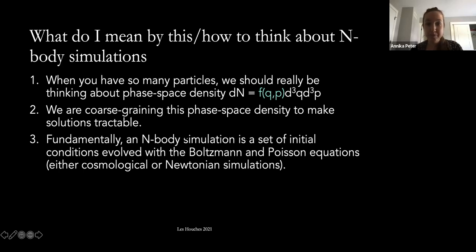So when we talk about resolution, we're really talking about how finely we are coarse graining this distribution function. And then ultimately what we're doing in these N-body problems is we are solving a set of Boltzmann-Poisson equations to understand how the distribution function evolves in time.